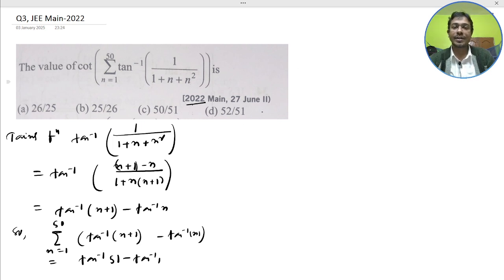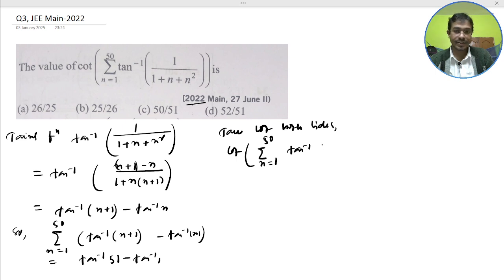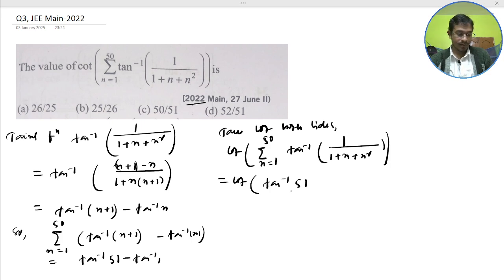Now take cot on both sides, because the question asks for the value with the cot. So cot of the sum from 1 to 50 of tan inverse 1 divided by (1 + n square). So just calculate the cot, this value we find here, the 51, so plus tan inverse 1.